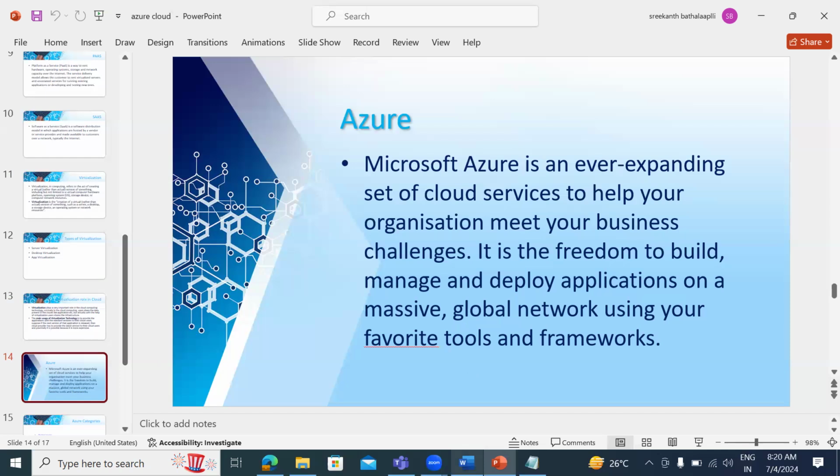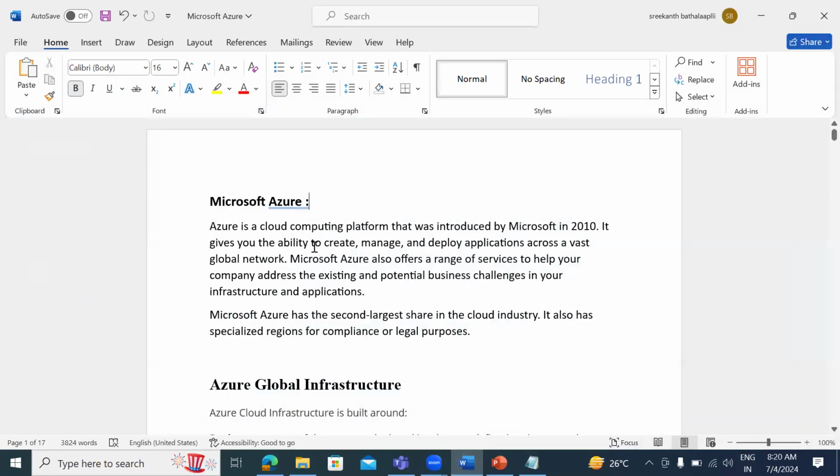In tomorrow's class, we'll discuss more on the Azure platform. Azure is a cloud computing platform, one of the leading cloud service providers, introduced by Microsoft in 2010. Easily we can deploy our servers, infrastructure, platforms, applications, and databases with the vast global network they have all over the globe, with more than 60 regions. What are regions, Azure terminology, and the Azure account, and how we can use all this, we'll discuss in tomorrow's class.